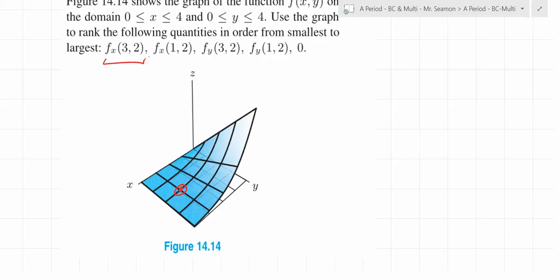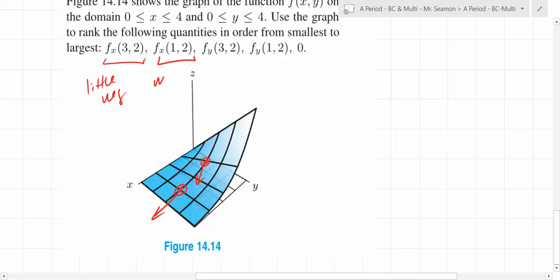So would you characterize this as a little negative, a lot negative, a little positive, or greatly positive? This is a little negative because it's going down a little bit. What about fx(1,2)? (1,2) is right here. What's this one? More negative. What about fy(3,2)? fy(3,2) is going this way, so that's a little positive. And fy(1,2)?